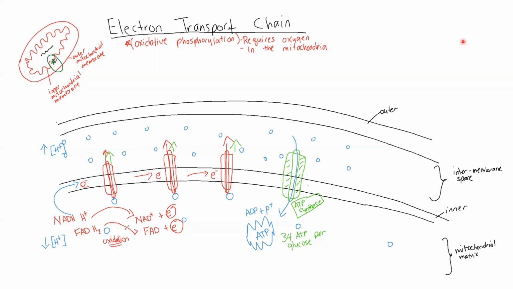We're also making some of the additional byproducts that we're going to need to drive this chain as well. And then what's happening here is really just the last piece of the puzzle, where we create this gradient with the help of the electrons, and then we move these hydrogen ions down this final transporter and make a really large amount of ATP. Okay, so we're going to make 34 ATP for a single molecule of glucose.